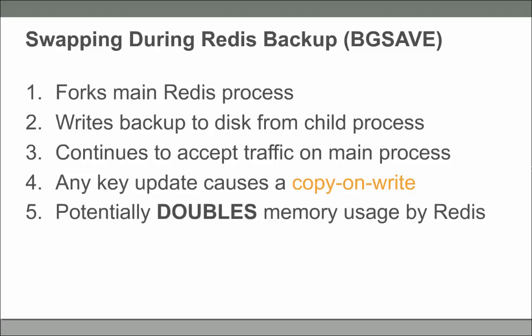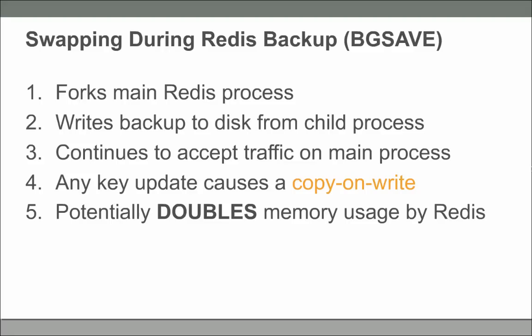Now, Redis takes a point-in-time snapshot of the current memory state. What that means is, while the backup is being written, new writes that are coming in are stored separately, and they require additional memory, because Redis maintains that point-in-time nature of the snapshot.